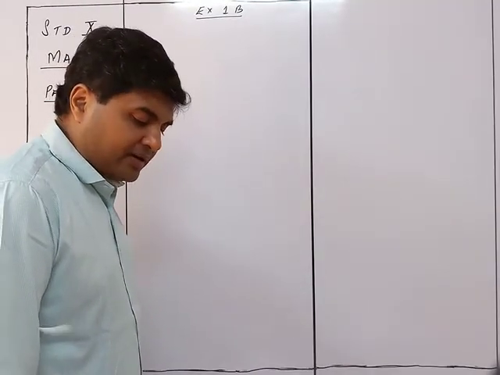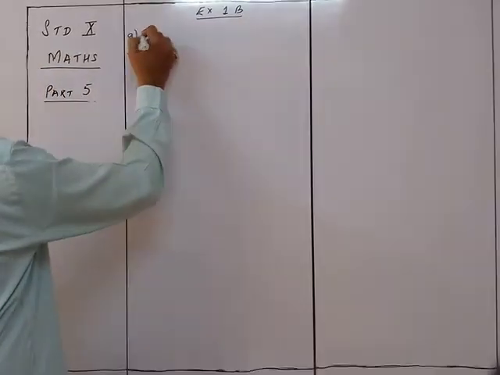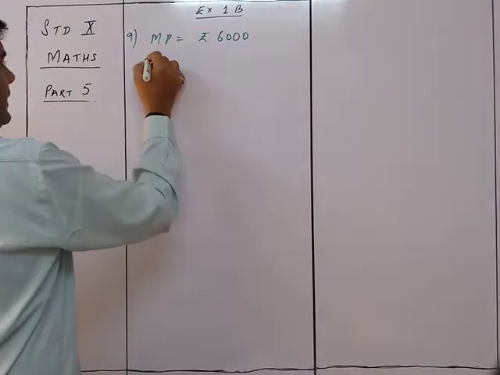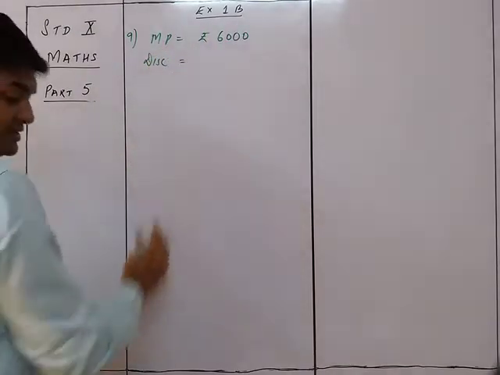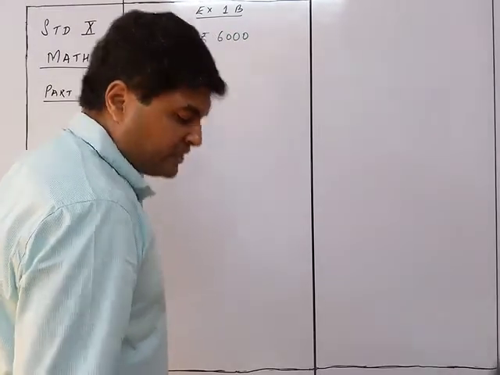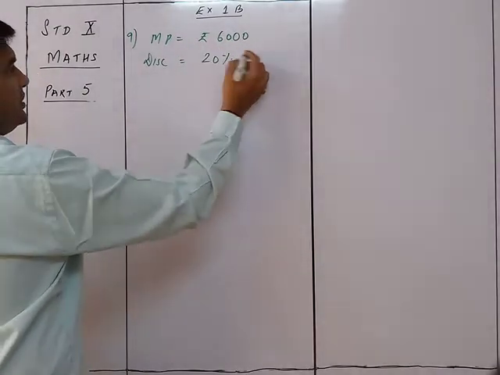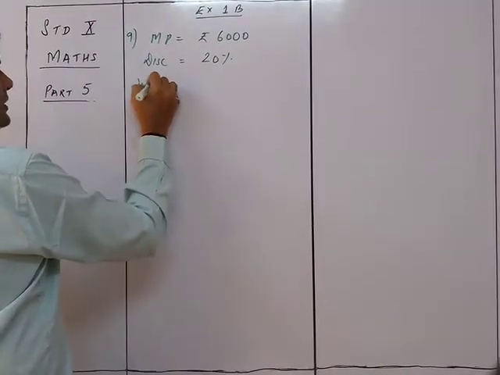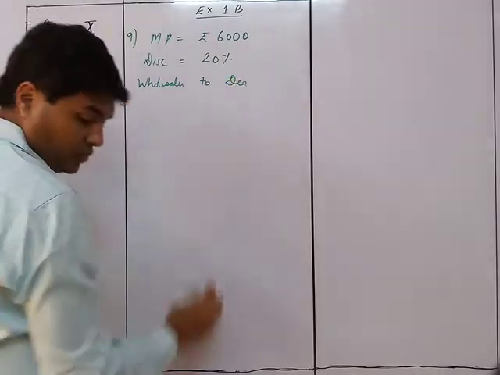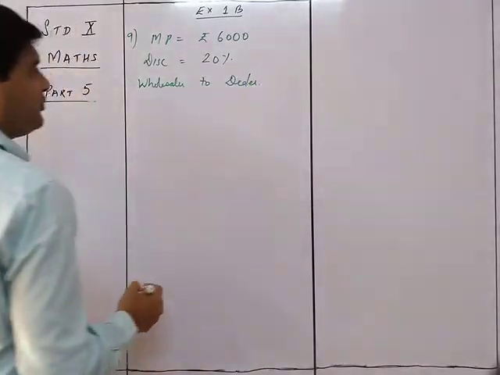The mark price of the article is rupees 6,000. The dealer is giving a discount. A wholesaler sells to a dealer at 20% discount. So the wholesaler gives a discount to the dealer of 20%.